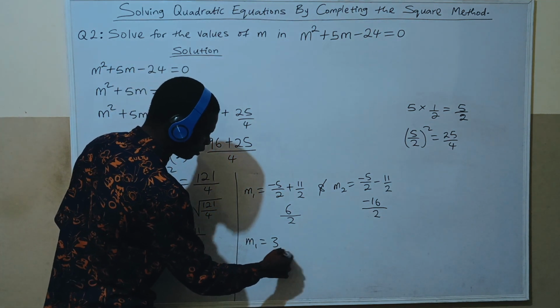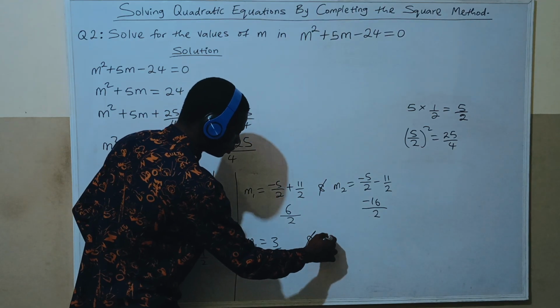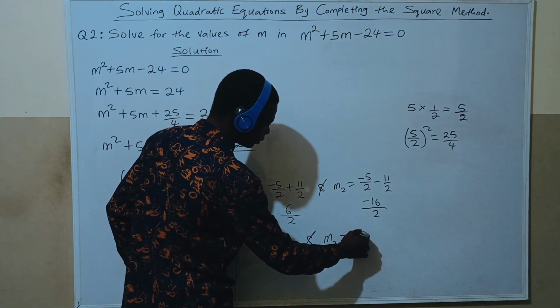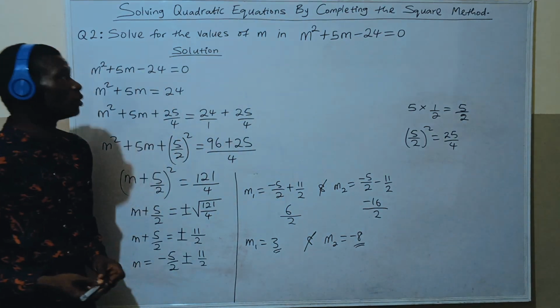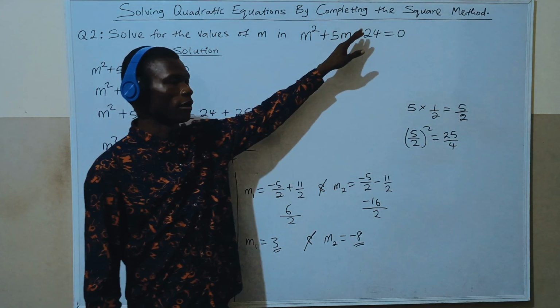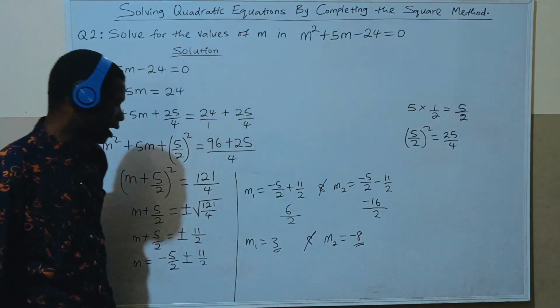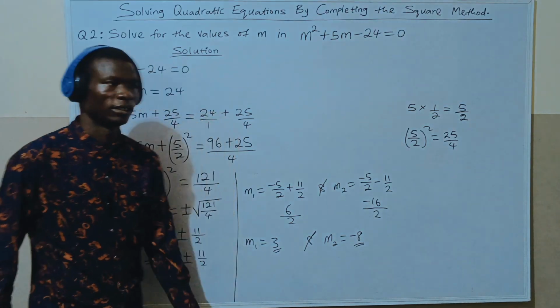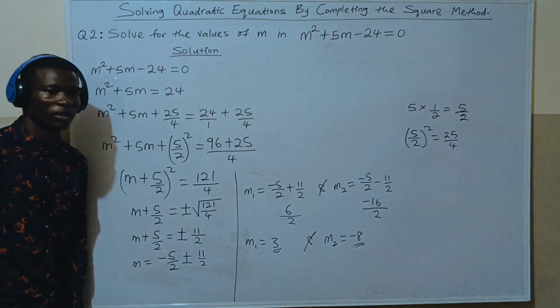Positive 3. And m2 will be equal to negative 16 divided by 2, which is going to give us negative 8. So the two solutions, or the two values of m, for which m squared plus 5m minus 24 equals 0, are m1 equals 3 and m2 equals negative 8. So this is question number 2.